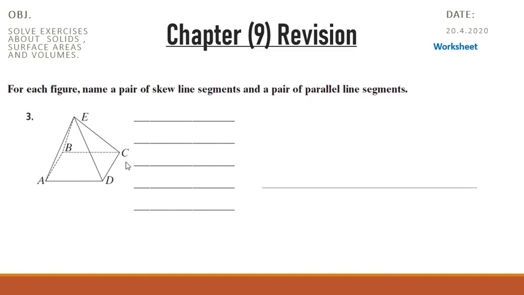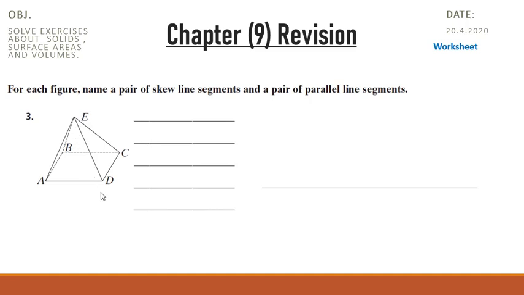Give your answer. The two parallel lines? BC and AD. Great. Two intersecting lines? BE and DE. Great. So here the point E is common, so these two are intersecting.